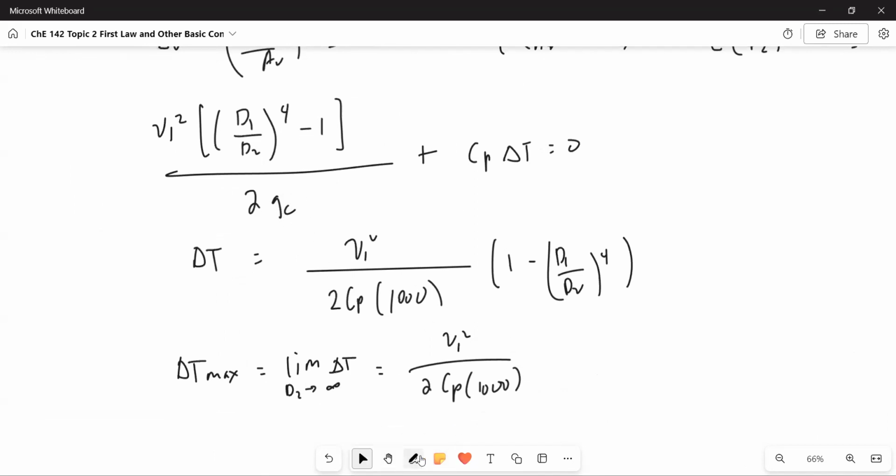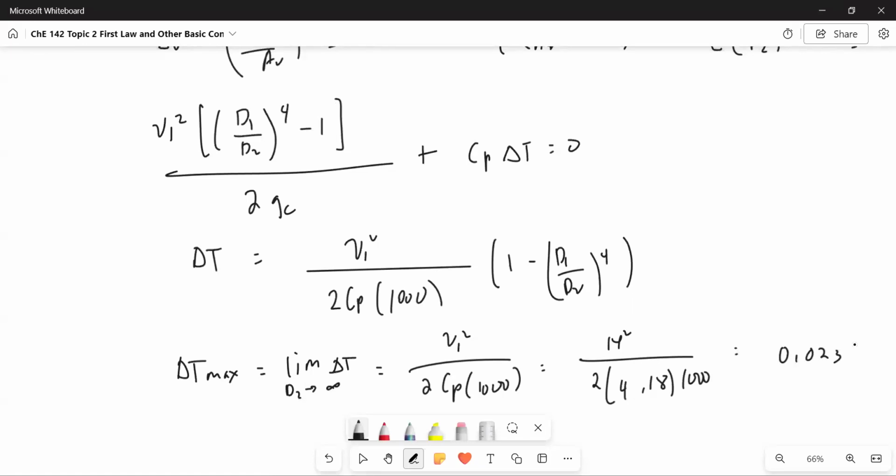So substituting the values, I will show it. 14 squared over 2 times 4.18 times 1,000. So please check the units. Delta T max is 0.023 degrees Celsius.